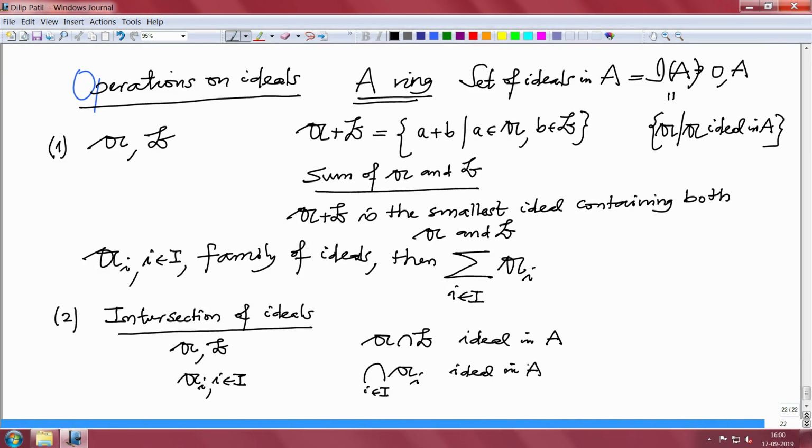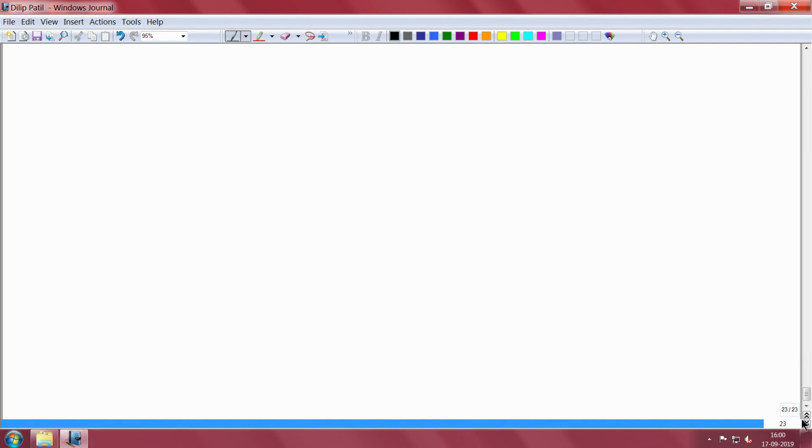Now let me just pause here and look at an example. So in the ring A equal to Z, let us see what happens. We know that all ideals in the ring Z are principal, and the unique generator is a natural number.